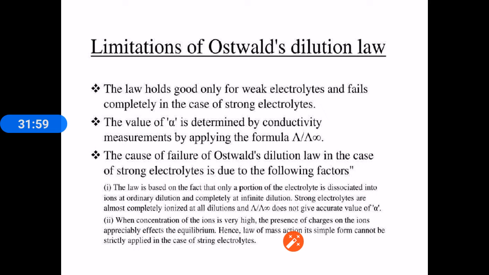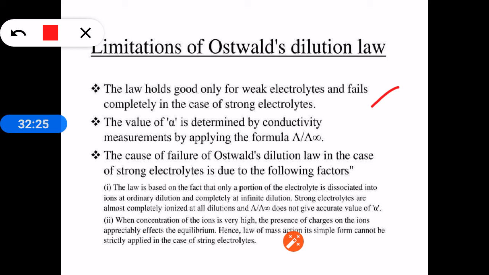Now, limitations of Ostwald dilution law. This law holds good only for weak electrolytes and fails to explain strong electrolytes, because this law is based on the Arrhenius theory of ionization, which assumes that there exists an equilibrium between unionized molecules and dissociated ions or ionized charged species.